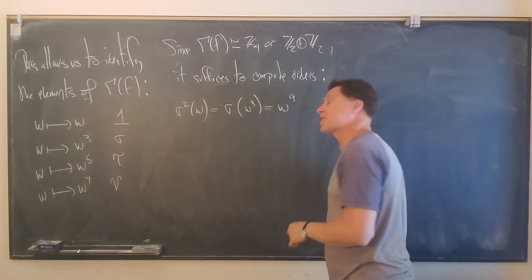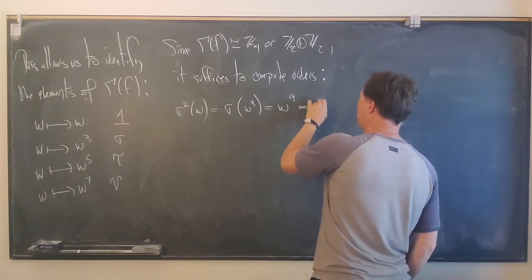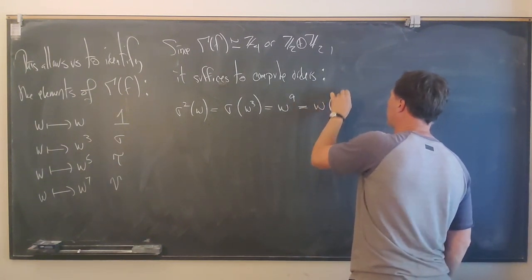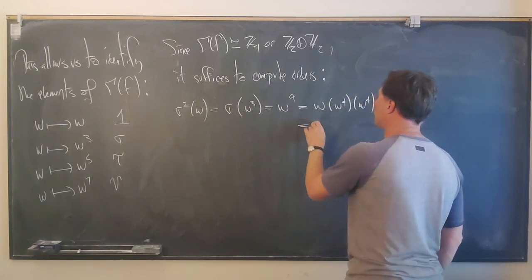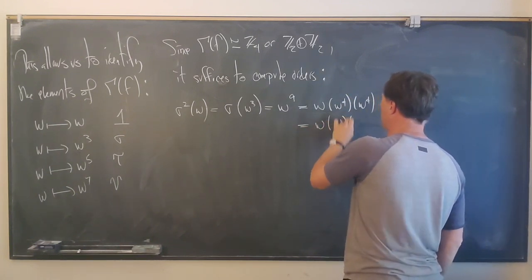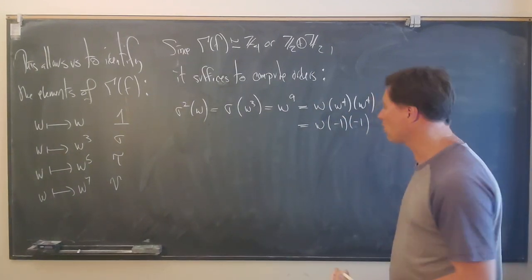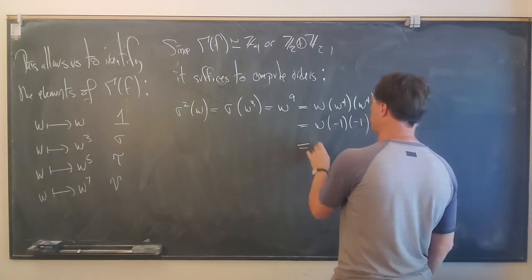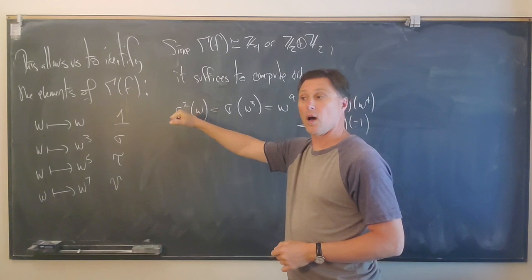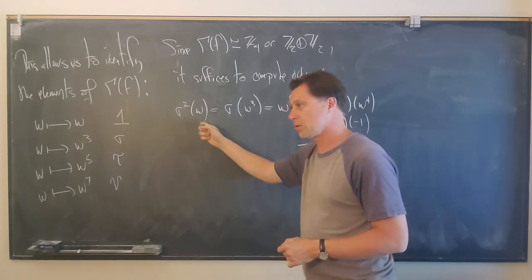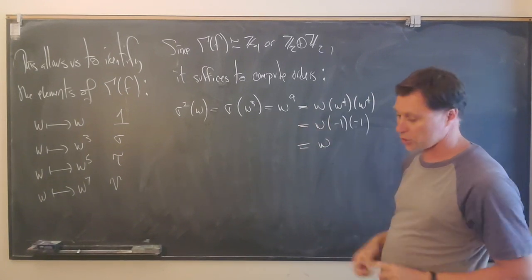I want to express this in terms of the basis. This is omega times omega to the 4th times omega to the 4th, which equals omega times -1 times -1, since omega to the 4th plus 1 equals 0. And so this is equal to omega. In other words, sigma squared of omega is equal to omega, so sigma squared is the identity, which means we have order 2.